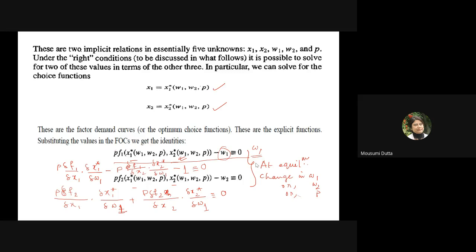And from the second equation, P del F2 by del X1 into del X1 star by del W2 plus P del F2 by del X2 into del X2 star by del W2 minus 1 equal to 0. So these two equations you will be able to find out.